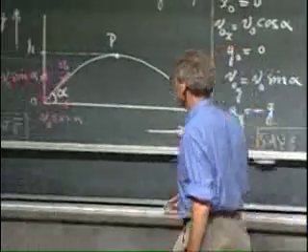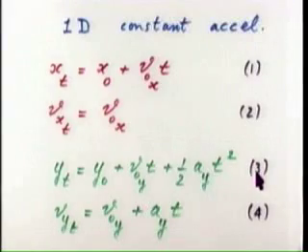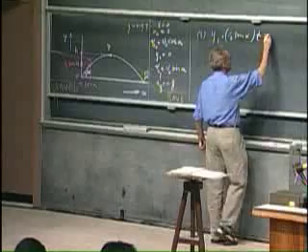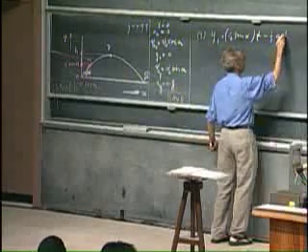I now want to ask first the question that you may never have seen answered: what is the shape of this? Well, we can go to equation number 3, and we can write down that y as a function of time equals v0y t, so that is v0 sine alpha times t, minus 1/2 g t squared.